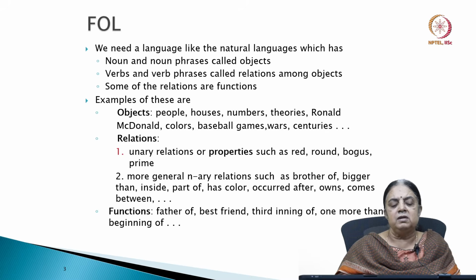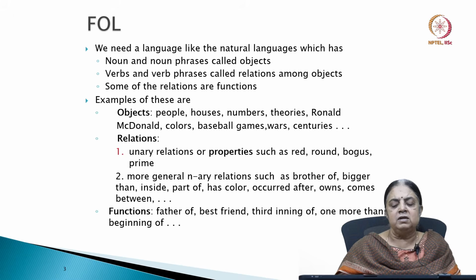The unary relationship is the properties of the object. For example, we can say a red ball or a round ball, bogus, prime number, etc. So these are all unary relations. So the relationships are properties of one particular object.